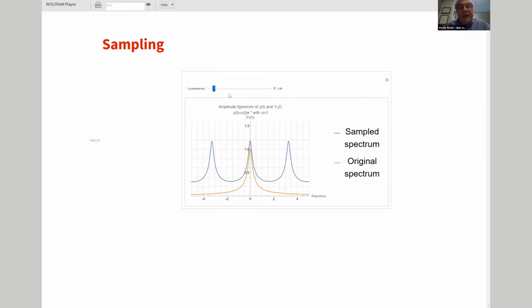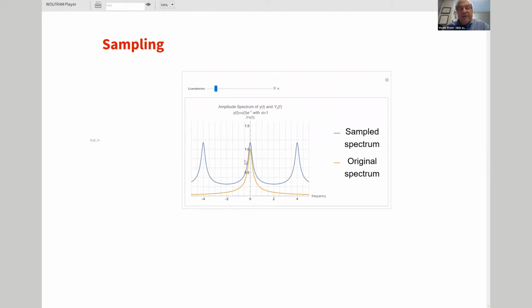When you teach sampling, the Nyquist sampling theorem says that if you sample at twice the highest frequency present, you can recover the signal. Well, with real signals, you have an impairment, because the orange here is the original signal, and the blue is the sampled spectrum.